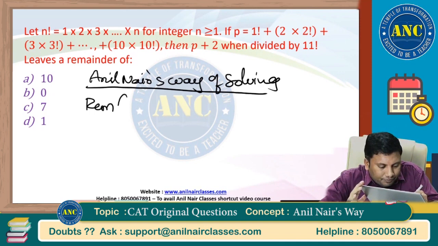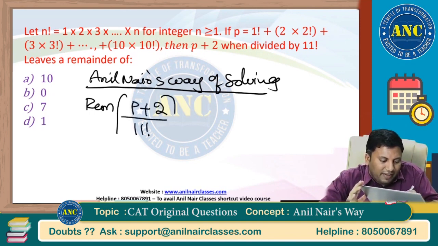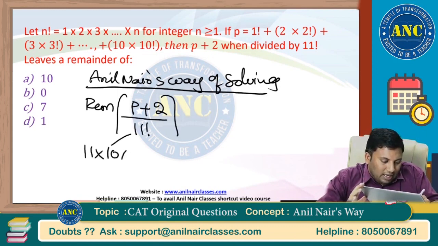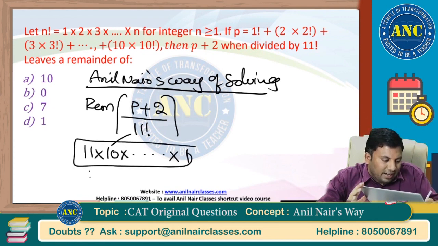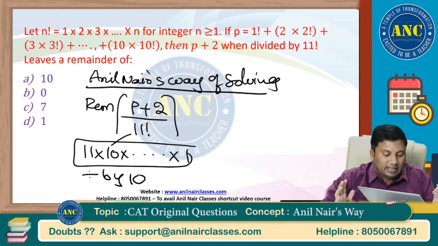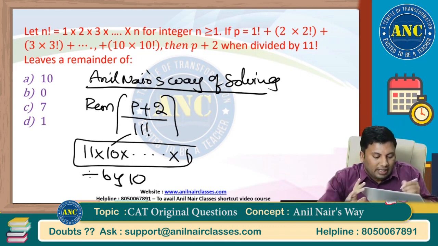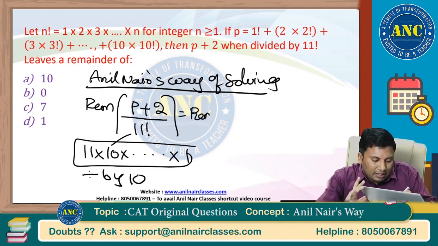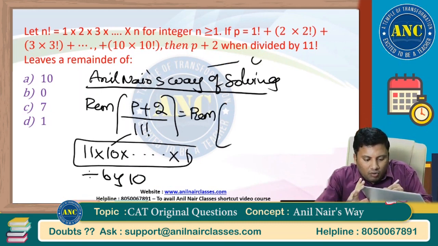Remainder: P plus 2 divided by 11 factorial. You know that 11 factorial is 11 into 10 and so on up to 1. It is divisible by 10, like the previous case where 70 is divisible by 10. 11 factorial is also divisible by 10. So 10 means I want only the unit digit logic.